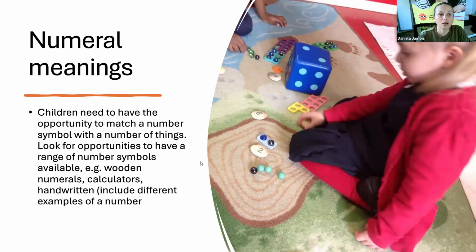So yes, you will then go on to the numeral meanings. So we're looking sequentially at how children acquire the understanding of cardinality. They go through counting things in their continuous provision, in play-like situations, within small groups.